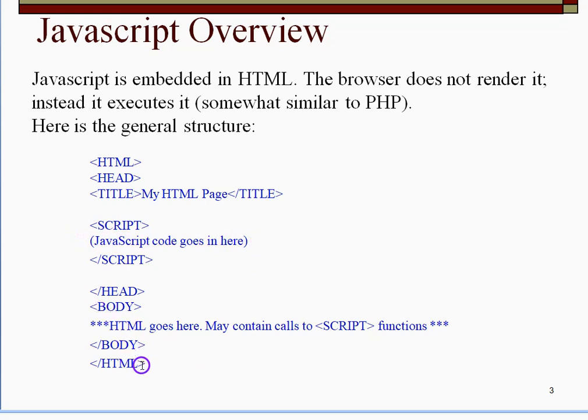So in the body, you also have HTML, which may contain calls to JavaScript functions that are defined over here in the script part. However, you're not restricted to putting JavaScript code only in the header part. It can exist anywhere.